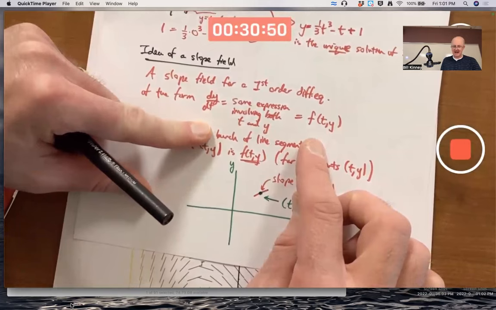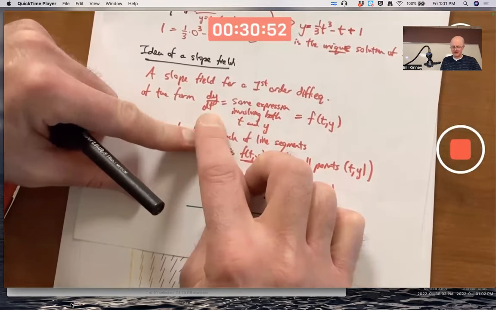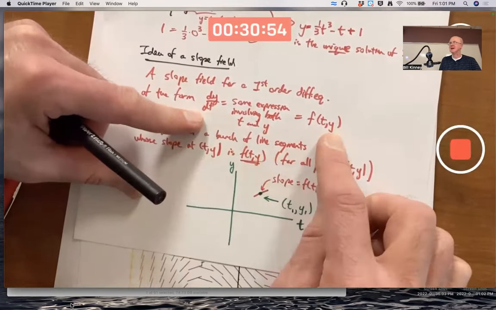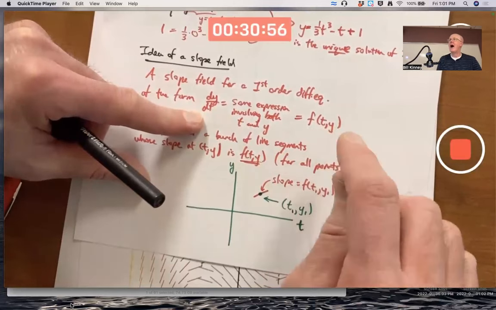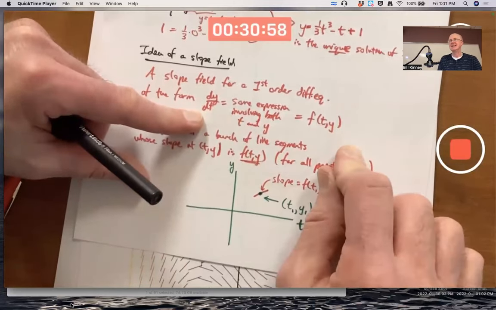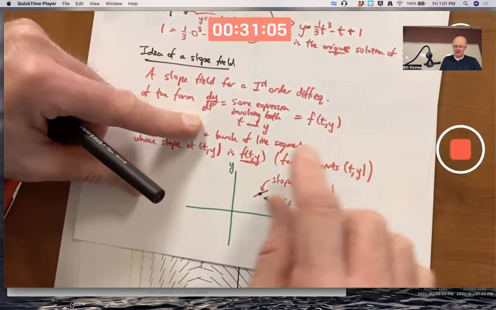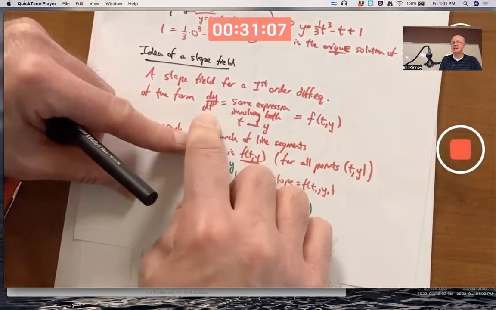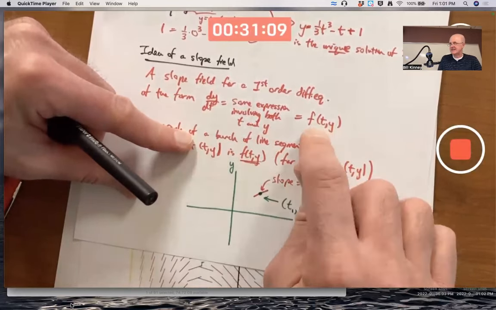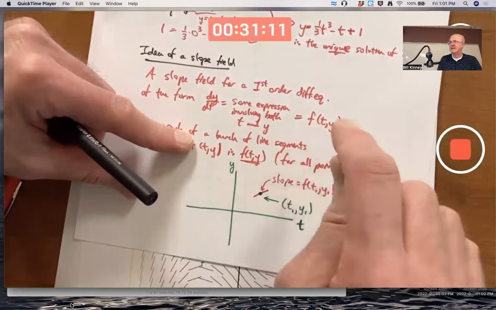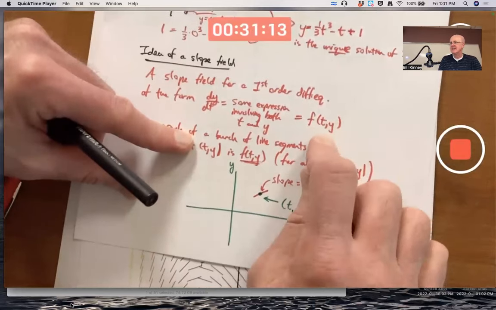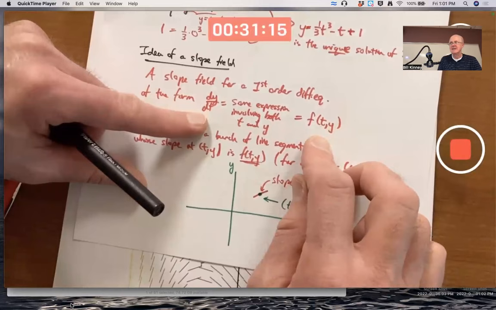One thing it says is, I am looking for a function whose derivative with respect to t is always equal to this, when I replace y with the function. That's so important what I just said there. I'm looking for a function whose derivative with respect to t is always equal to this expression when y gets replaced by that function of t. These need to be equal for all t.